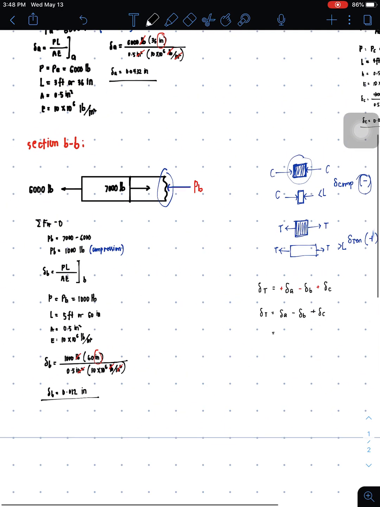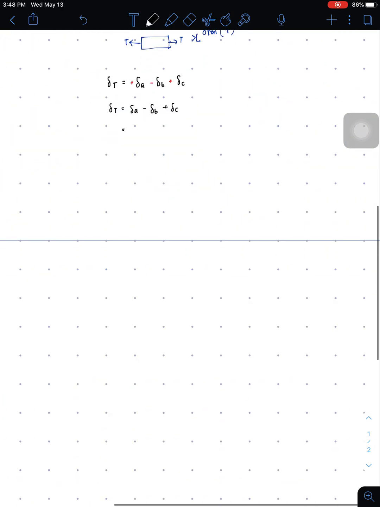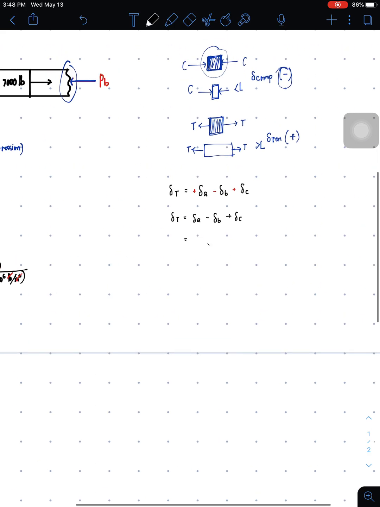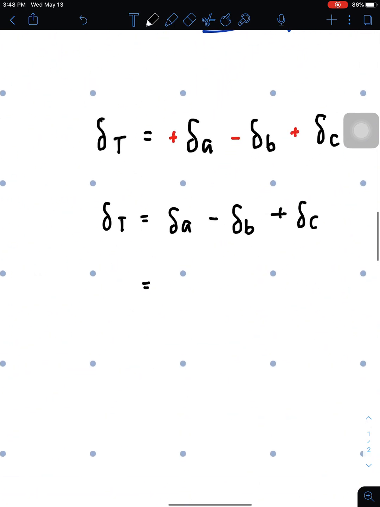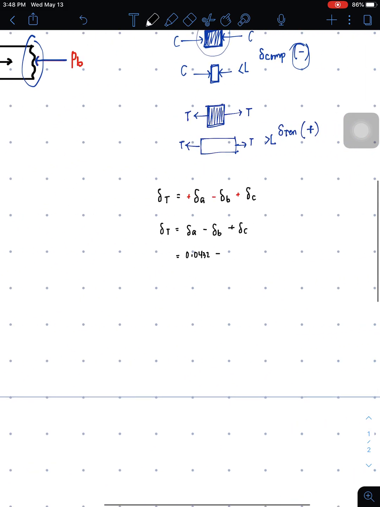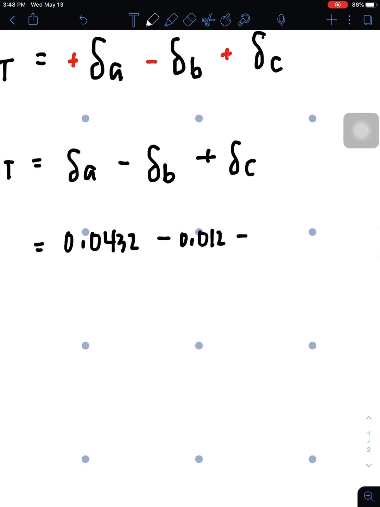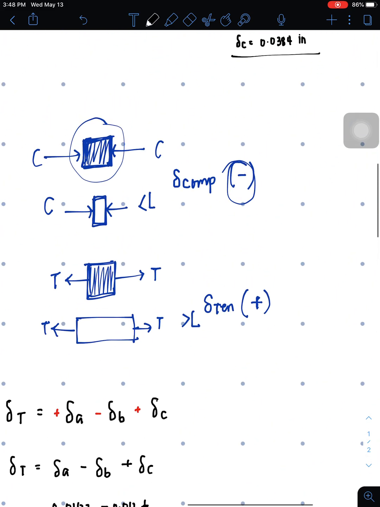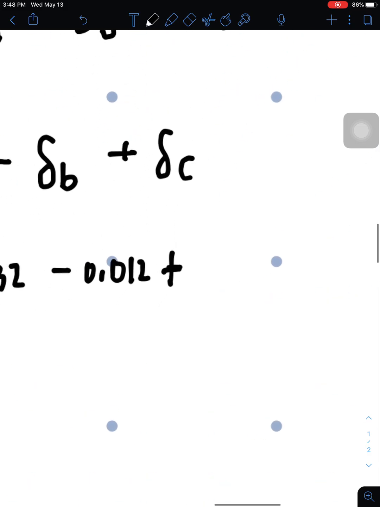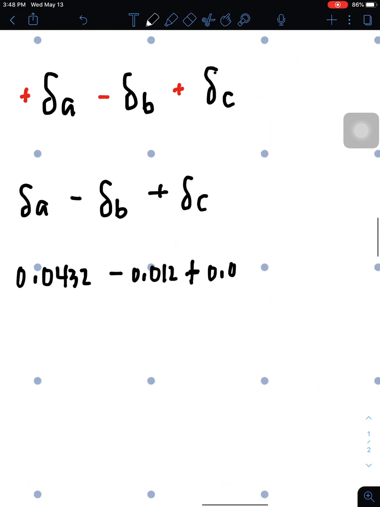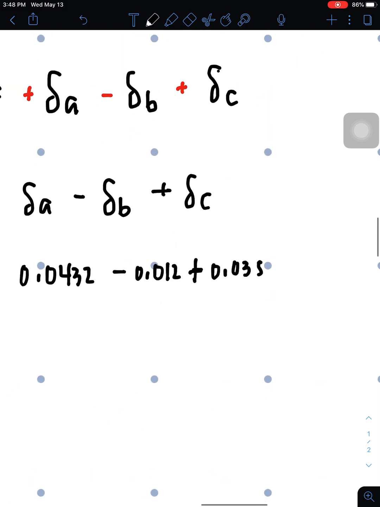Let us copy them. Deformation of A is 0.0432, minus deformation of B, 0.012, plus deformation of C, 0.0384.